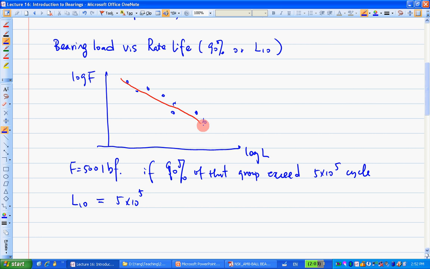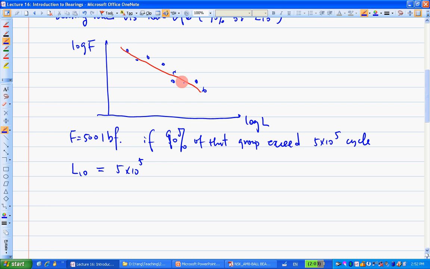So it's a straight line between log F and log L, and there's a slope here. Then you can use a straight line to approximate and fit all the data.